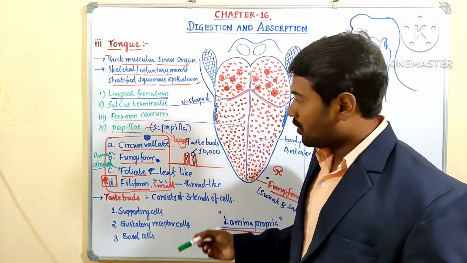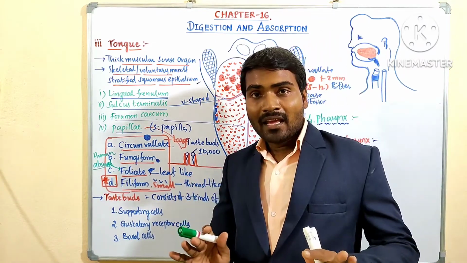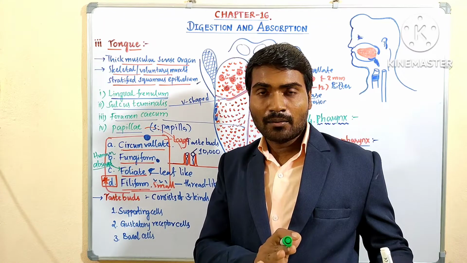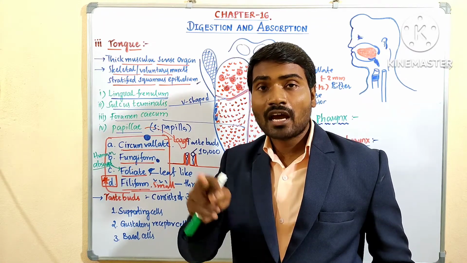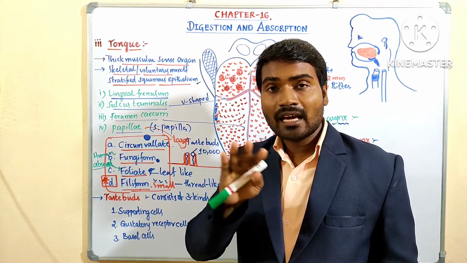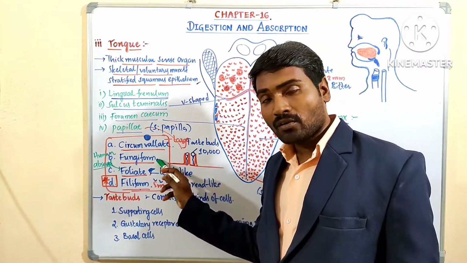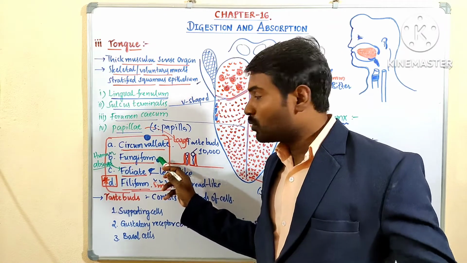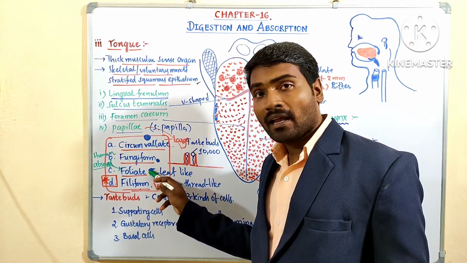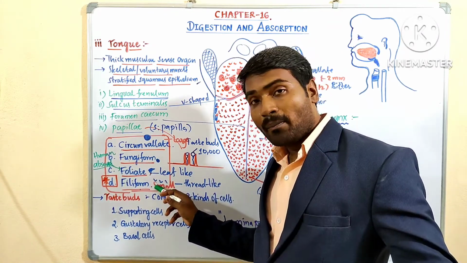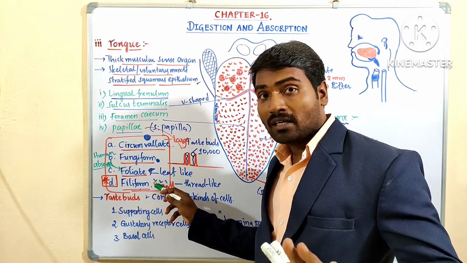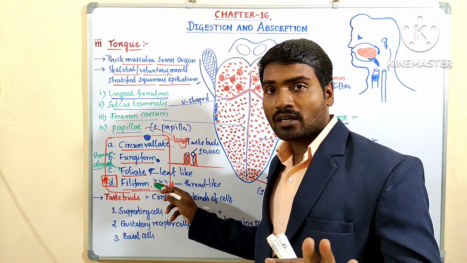So the functional papillae in human beings, meaning those which have taste buds and are functional, are circumvallate and fungiform papillae only, because human beings do not have foliate papillae. Even though we have filiform papillae, there are no taste buds. So you have to understand this point.